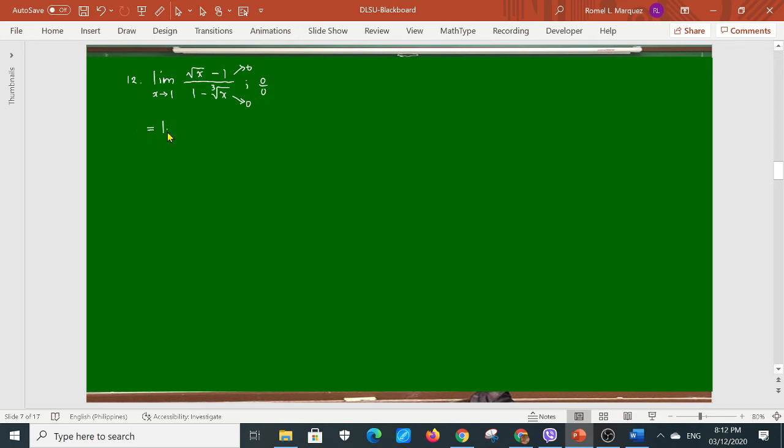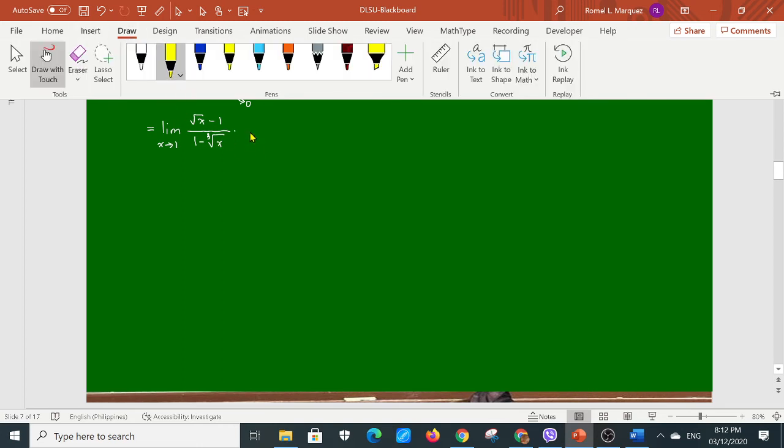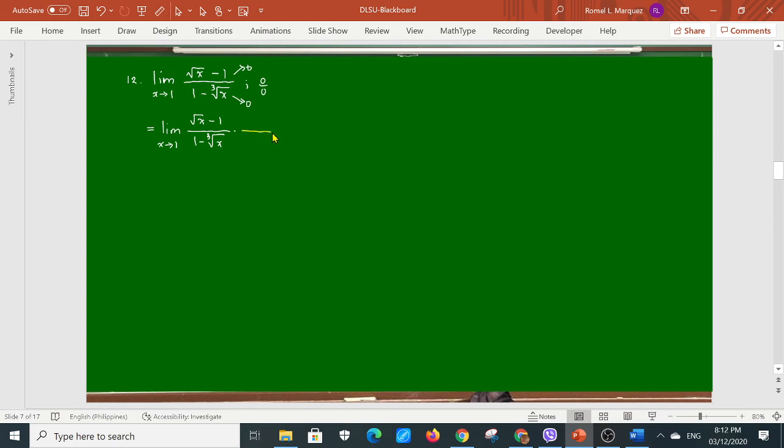So we get the limit as x approaches 1 of (square root of x minus 1) over (1 minus cube root of x). How do we get rid of the radicals? Which do you want to remove first? The square root first, so multiply by the conjugate, square root of x plus 1.